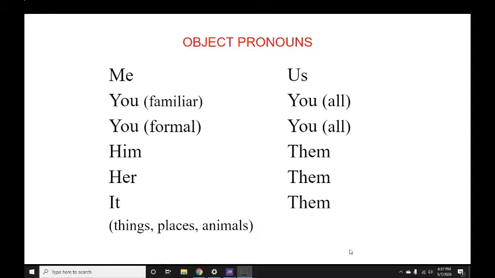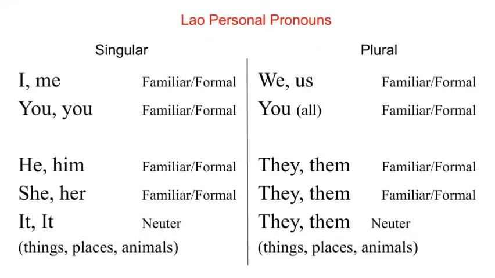In Lao, we will put those two groups together. So we have I and me, you and you, this is subject and object. He and him, she and her, it and it, we and us, you all, they and them.